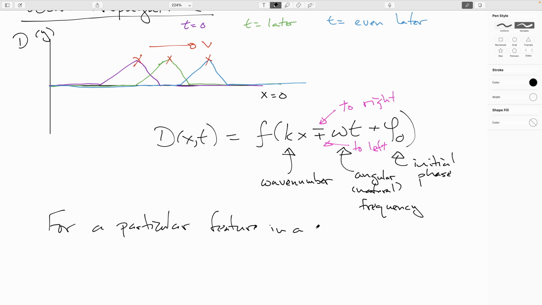in a wave, such as its crest or something like that, what we need is the argument of the function, whatever it is, to be a constant, to always be returning the same number. So it's got to be a constant. So we will need that kx minus or plus omega t plus phi naught equals a constant.